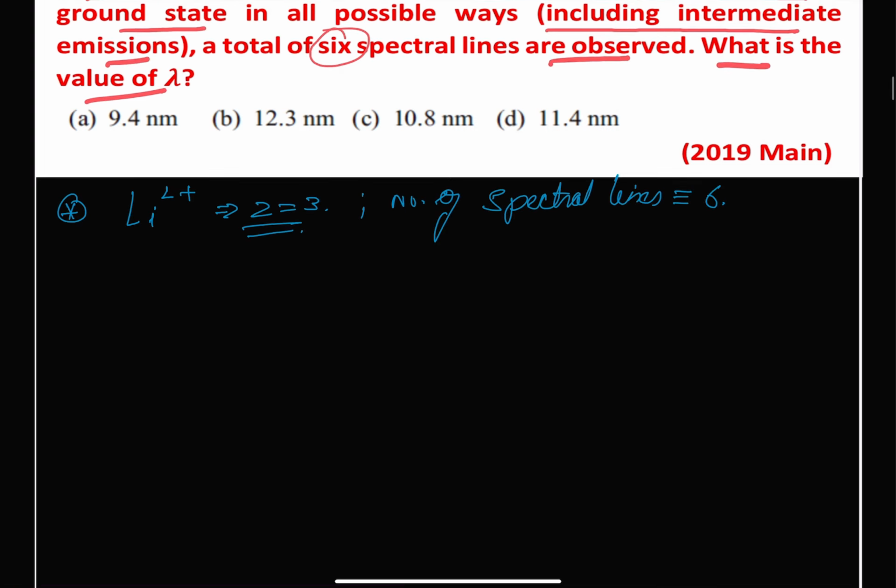So we can use the formula which gives us that number of lines will be equal to n into n minus 1 divided by 2, and this is our 6. So based on this we can find out that the value of n is equal to 4.